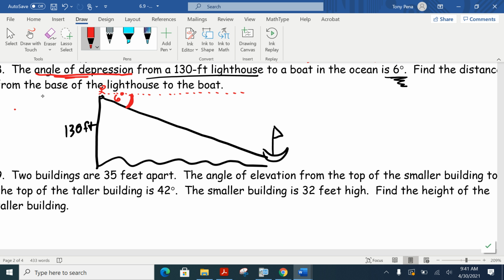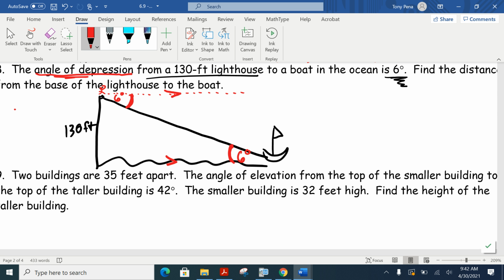We just want to make sure we're not calling the angle inside of the triangle 6. Because what we actually want to understand is if this is the horizontal at the top of the lighthouse, and we go to the bottom of the lighthouse, that horizontal, this is now our transversal. So this angle here is its alternate interior angle. That would also be a 6-degree angle. Now we have our triangle.